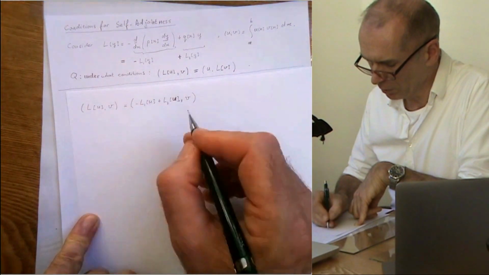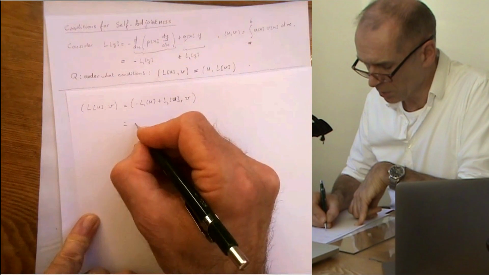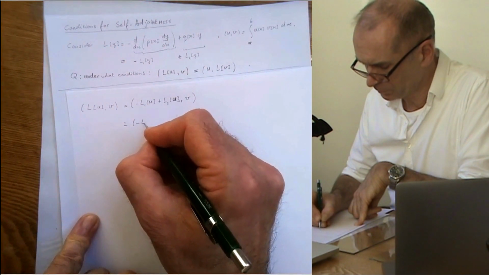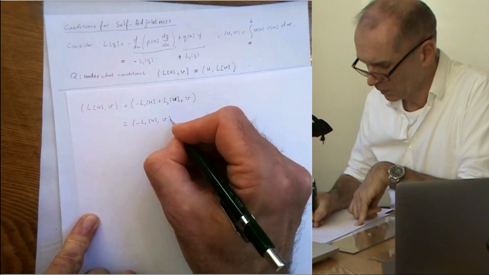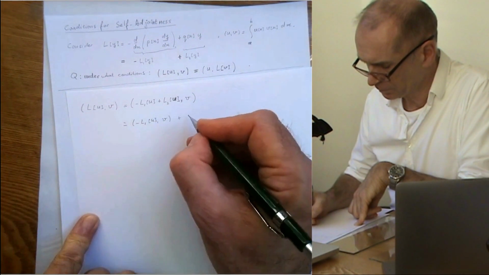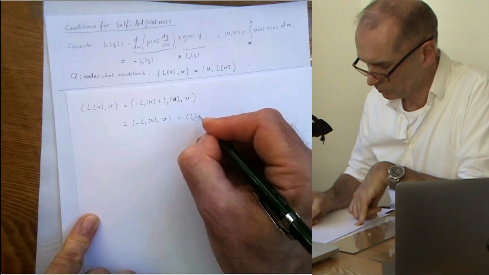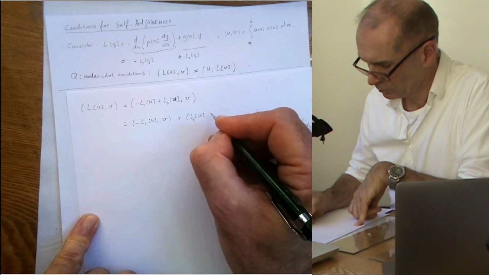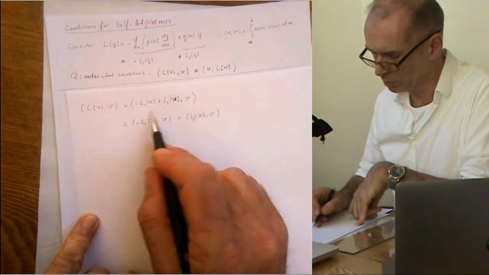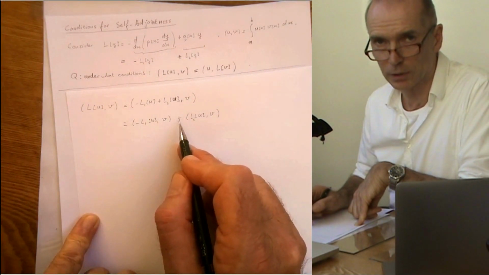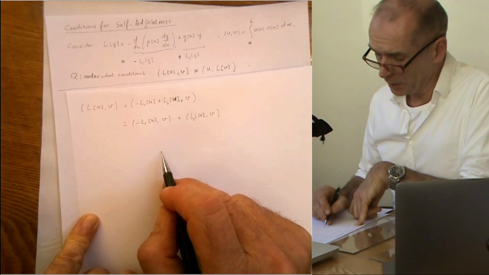Because this is an inner product, it is linear in both of the arguments, so that falls apart. See, the inner product is linear in this slot, so it distributes over this plus, or you can take it apart and write it like that.